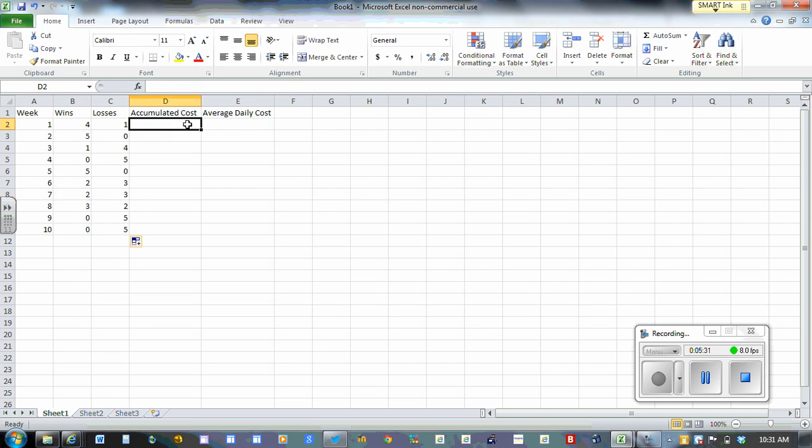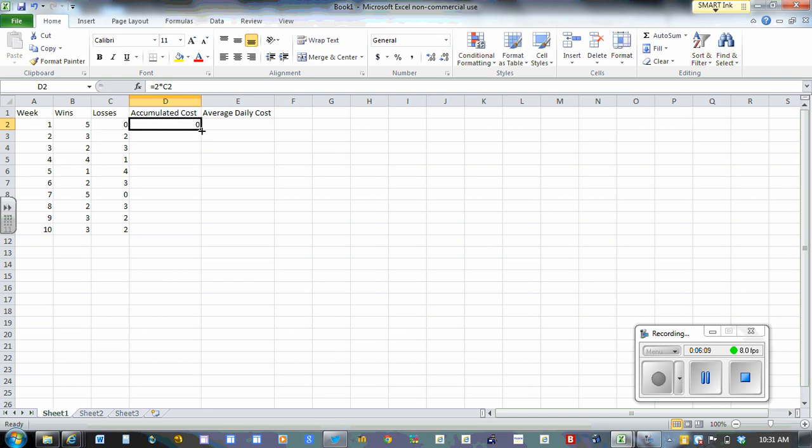The accumulated cost, okay, is dependent upon the amount of money that you pay for each particular loss. So in our game, it was $2 per loss. So what we'll do is we'll enter a formula 2 times, using the asterisk as the multiplication symbol, we're going to multiply that by the value in our column C, in this case cell C2, which is 1, and we should get a value of 0, okay, because we had not lost.